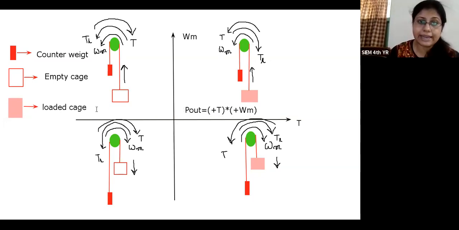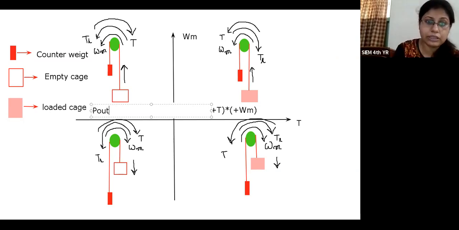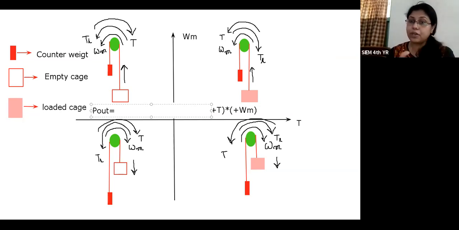But in the second quadrant, the output power is equal to omega, which is positive because it is operating in anti-clockwise direction, but you can see that the motor torque is in clockwise direction. So that means we are getting negative motor torque.